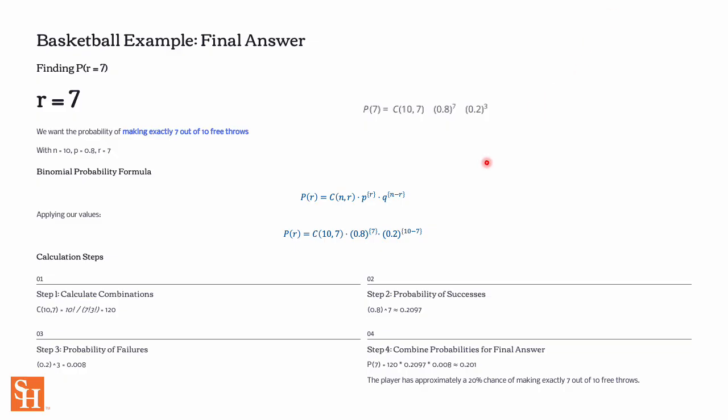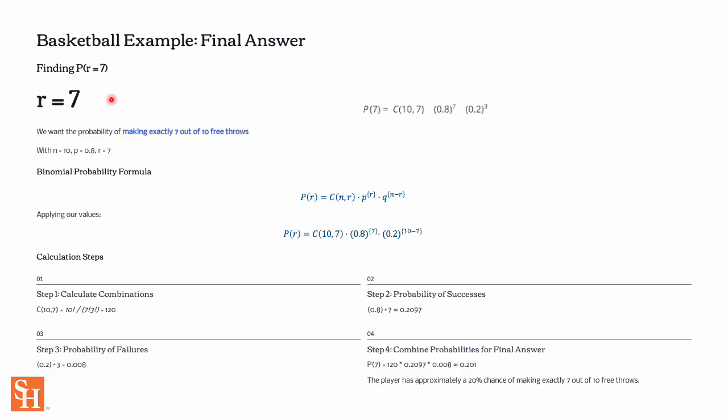In the previous slide we discussed different components of this problem, and we checked that this problem basically satisfies the conditions for the binomial probability distribution. And in that case our number of trials was 10, and we are interested to see, out of the 10 shots, what is the probability that he will make 7 successful shots, right?